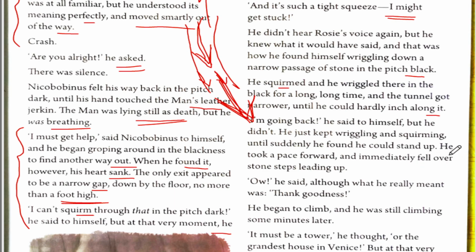After that, what is happening? He took a step forward and immediately fell over stone steps leading up. After that, oh, he said, although what he really meant was thank goodness.